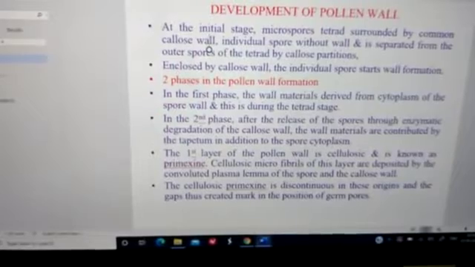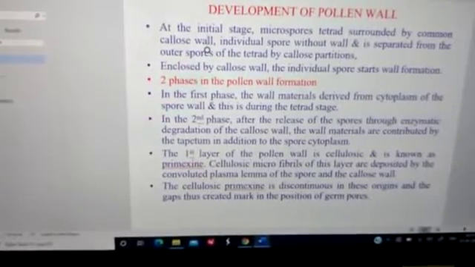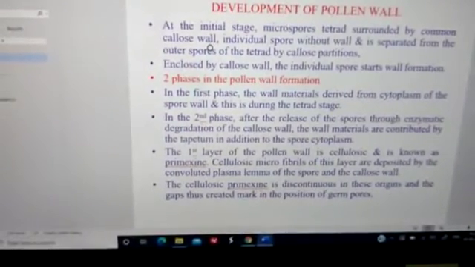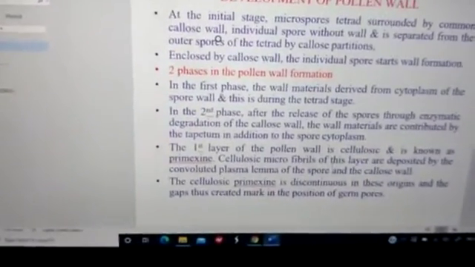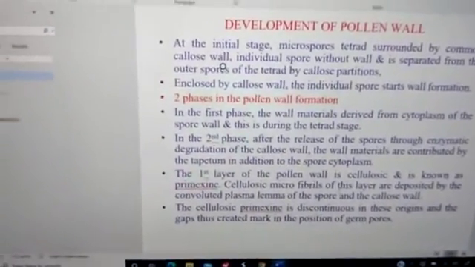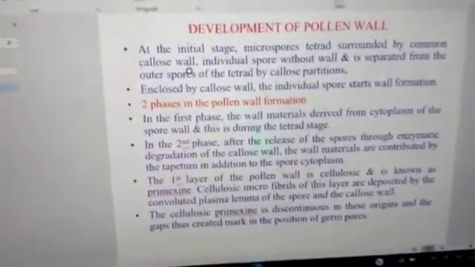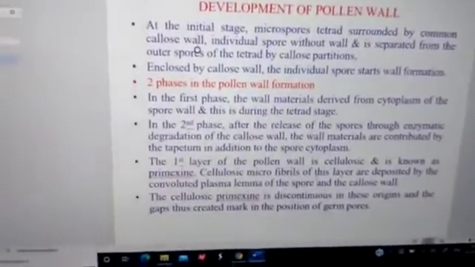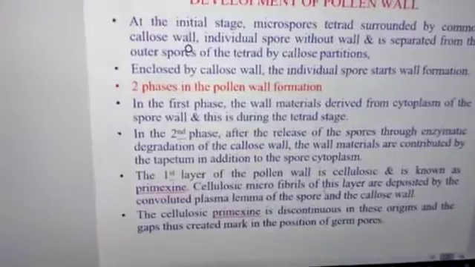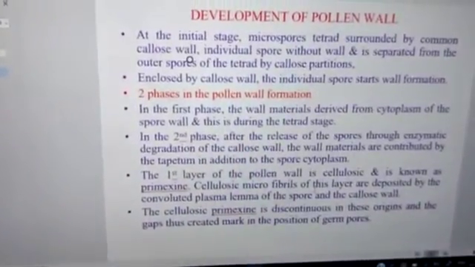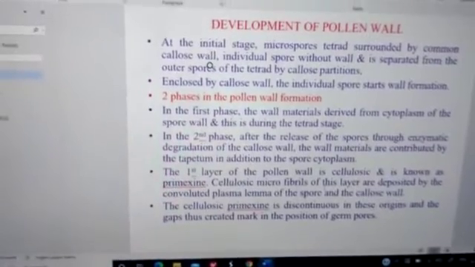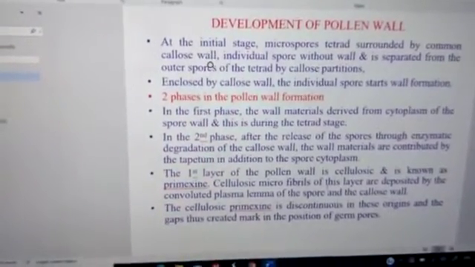The first layer of the pollen wall is cellulosic and is known as the primexine, and the cellulosic microfibrils of the layer are deposited by the convoluted plasmalemma of the spore and the callosic wall. And the cellulosic primexine is discontinuous at the origins, and the gaps created mark the position of the germ pores.